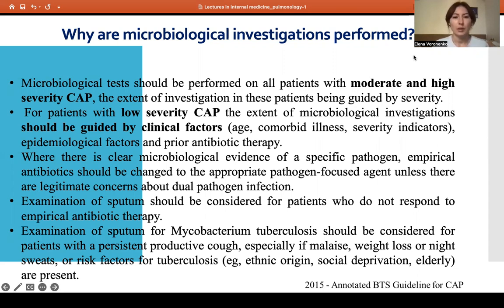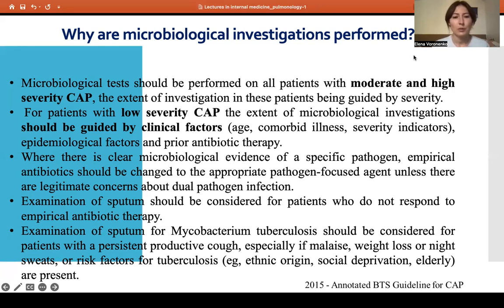Where there is clear microbiological evidence of a specific pathogen, empirical antibiotics should be changed to the appropriate pathogen-focused agent unless there are legitimate concerns about dual pathogen infection.